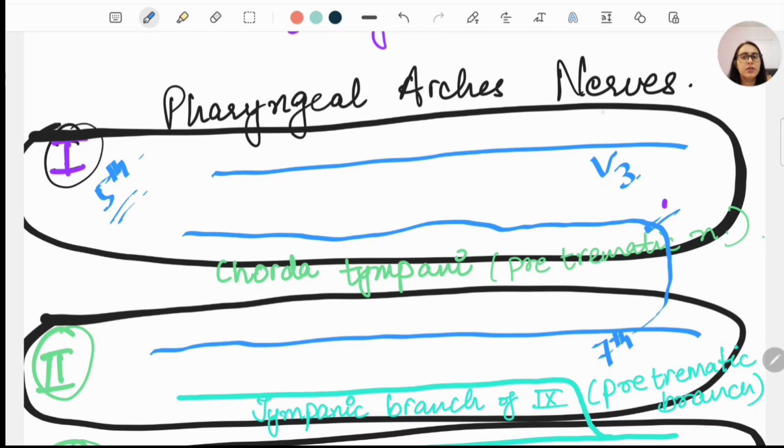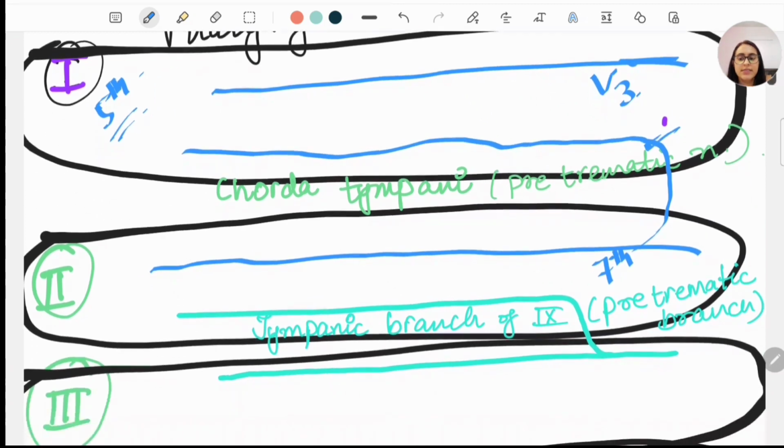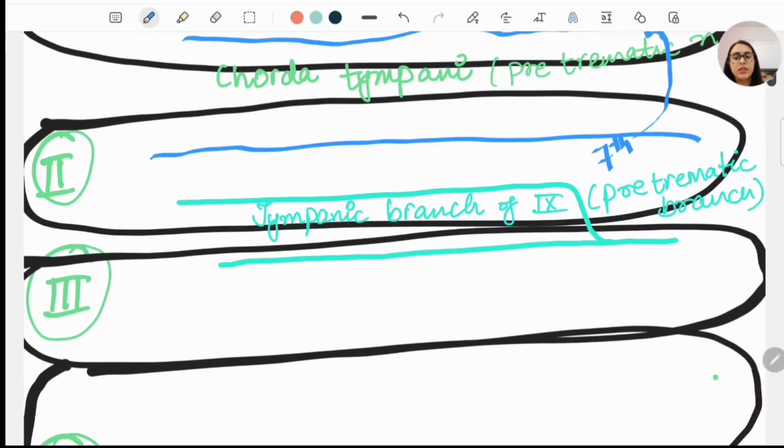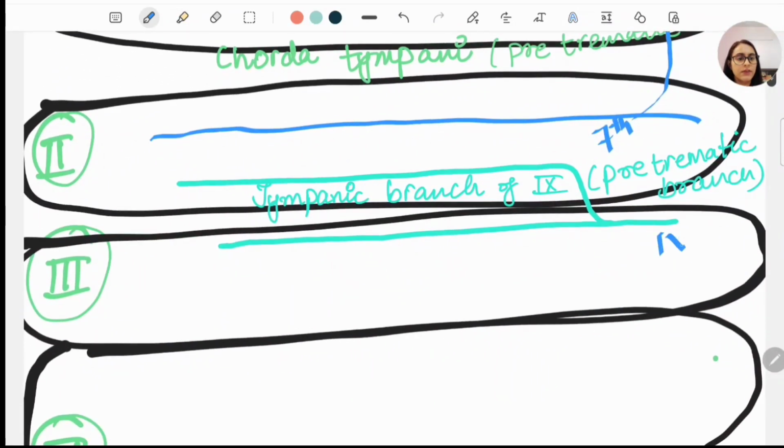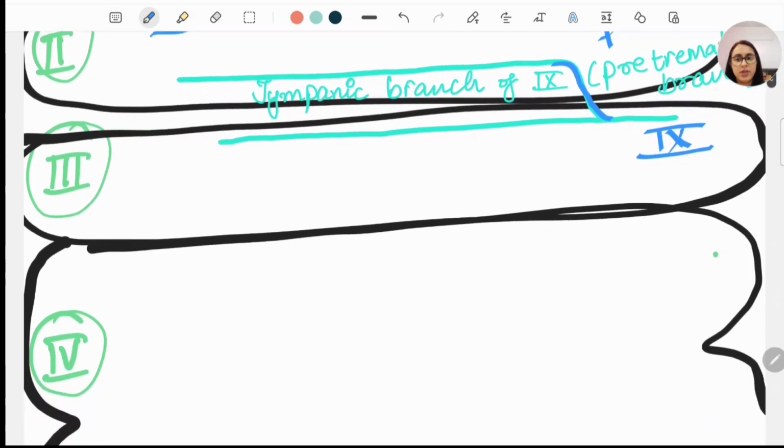So remember, the nerve of the first pharyngeal arch is the mandibular division of the trigeminal nerve. The second one is the facial nerve. The third one is the glossopharyngeal nerve, the ninth cranial nerve, and a pretrematic branch of the glossopharyngeal nerve, which is the tympanic branch, comes in the second pharyngeal arch.